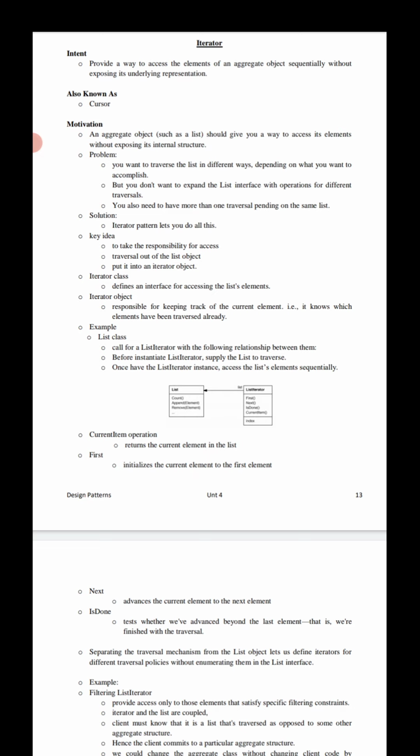It is also known as a cursor. Coming to the motivation section, what is the main motto of the iterator design pattern? Take an aggregate object such as an unordered list, ordered list, or collections like list and set.